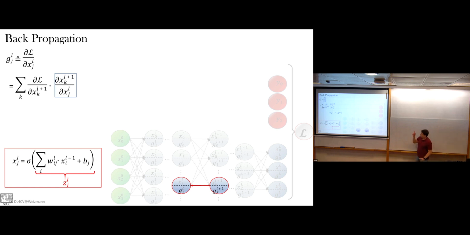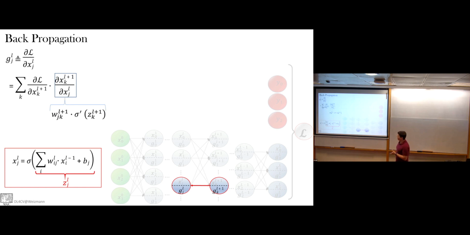What can you tell me about the left expression? What is the derivative of L with respect to the neuron in the layer L plus 1? Anybody? It's the same as we did previously, just for the one layer.